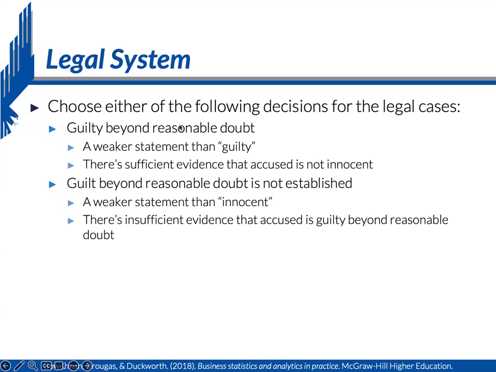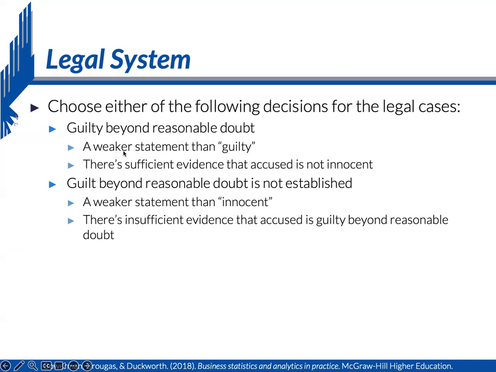And this particular decision is made if we have sufficient evidence that the accused is not innocent. So we have convincing evidence that the suspect really committed the crime. And therefore, we can say that the person is guilty beyond reasonable doubt.